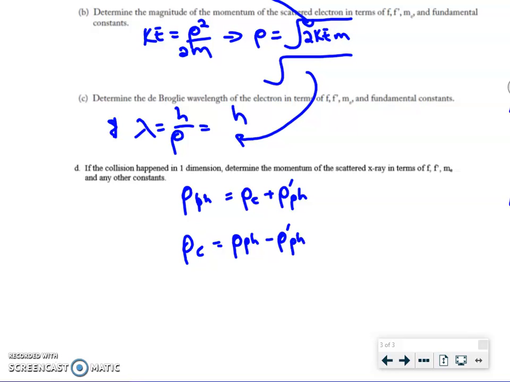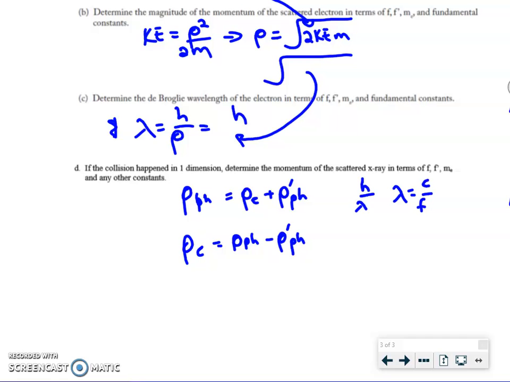And then you can just put in all the information. This initial momentum would be h over lambda. Actually, we want to do it in terms of f prime and that, so let me go rewrite over there. So that's h over lambda, and lambda is going to be the speed of light over the frequency.